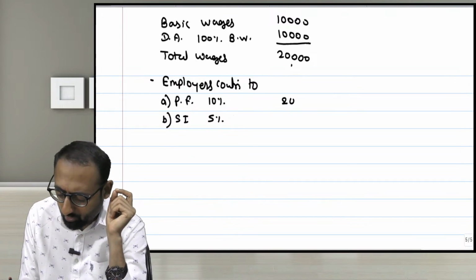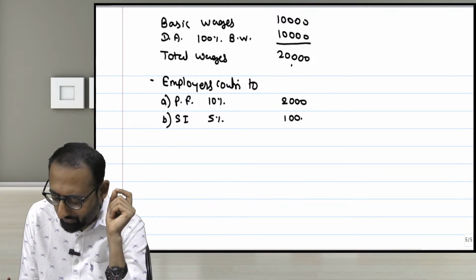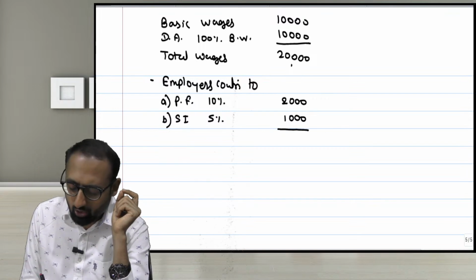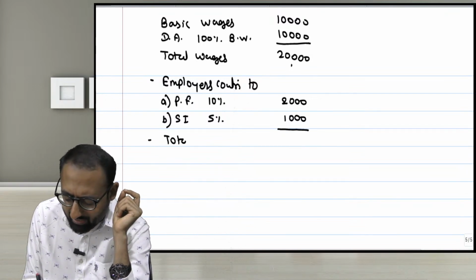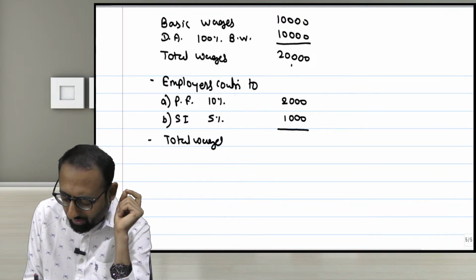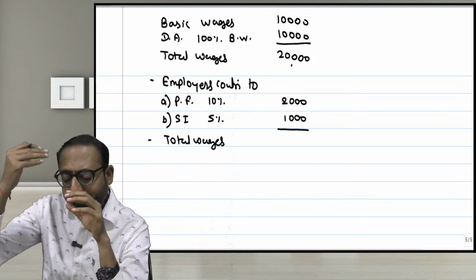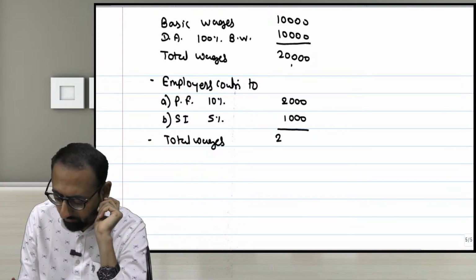So here it will be 2000, here it will be 1000. Now boys and girls, total labor cost to the employer will be 23,000.